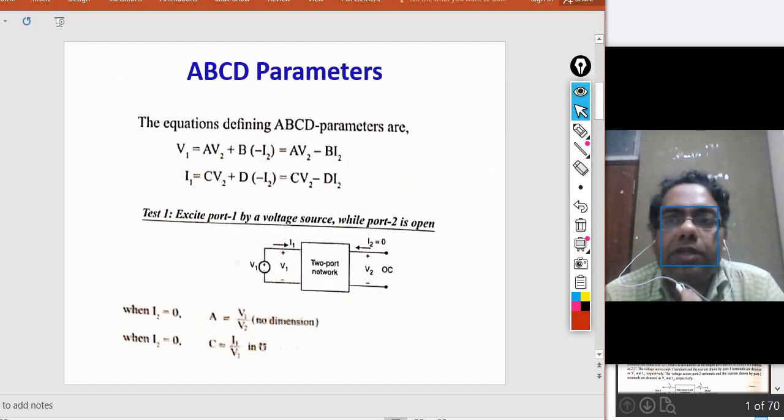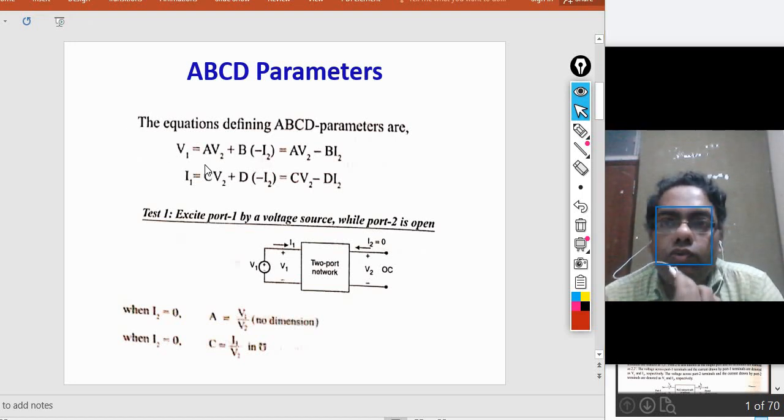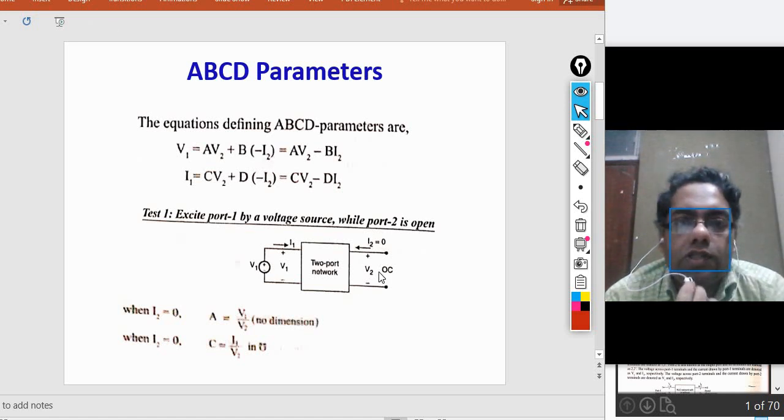Now this parameter is defined in this form: V1 equals AV2 minus B of I2. Actually, the point is that minus of I2 is put here because current entering the port is considered positive.